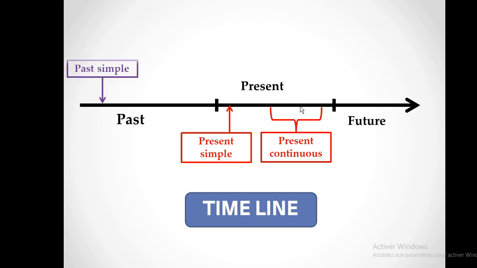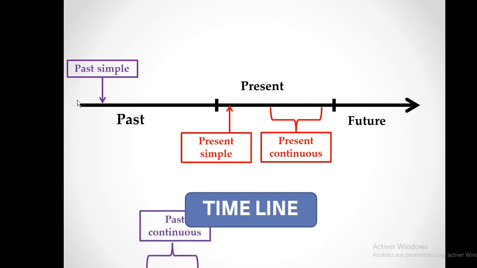Number 3, which is the past simple, which expresses an action that started and finished in the past. So it does not continue till the present. It starts and it finishes in the past.